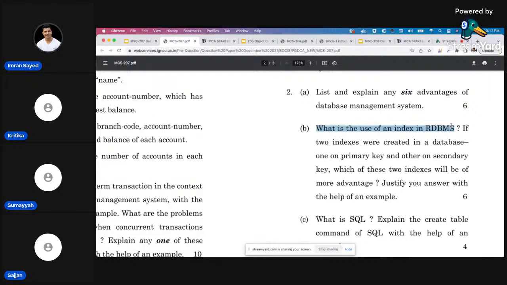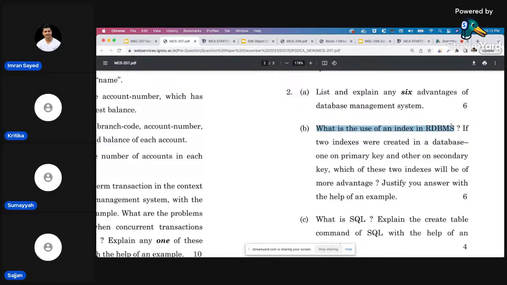Kritika, can you give me one point? You can repeat the point also. One point about what is indexing in RDBMS. There is a search key and there's a data reference. The search key is basically the key from which you can identify where the data will be.